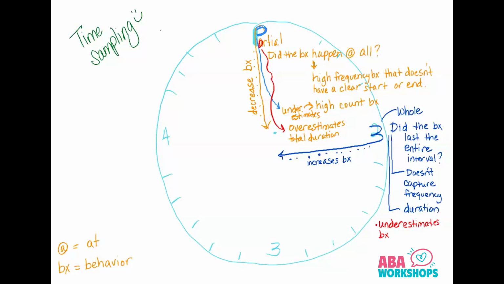All right. So partial overestimates and whole underestimates. All right, once we're done with that, we're gonna move on to the number 3.